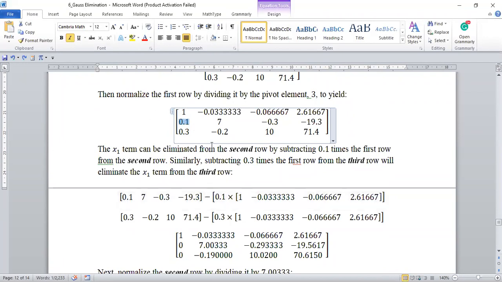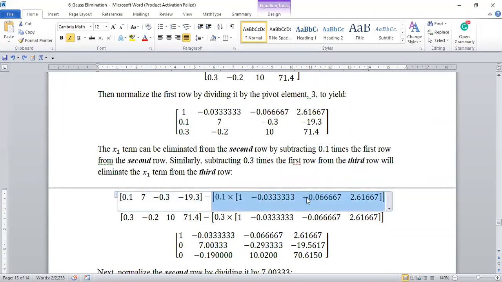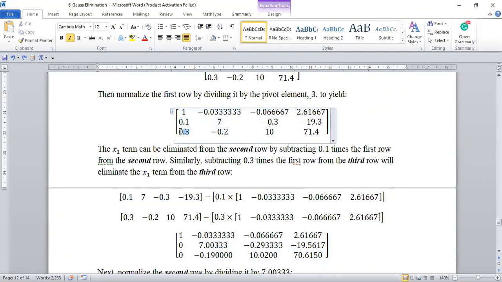Then the result of the multiplication, you subtract the second row from it. So this is the second row here. You multiply 0.1 times the first row. Then if you do this arithmetic, you're going to effectively zero out this one. So you arrive at this new second row. Then the next thing is to zero out this 0.3.